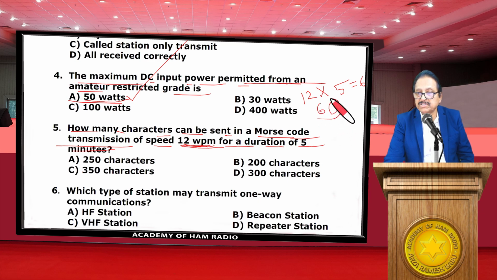So at the rate of 60 characters per minute, if we send for 5 minutes, total characters will be 300 characters. So the right answer is 300 characters. Delta is the right choice.